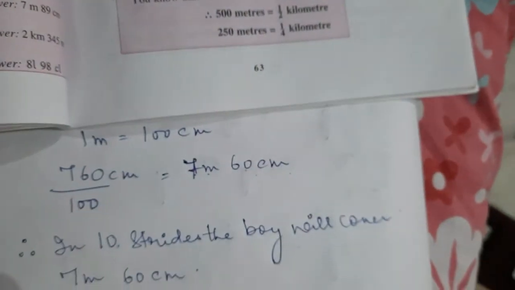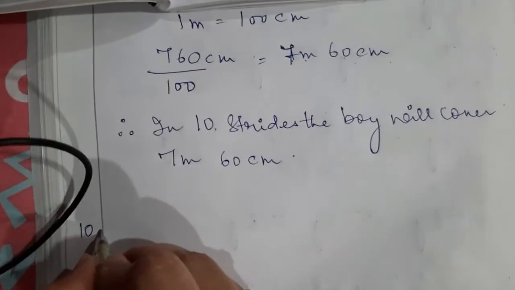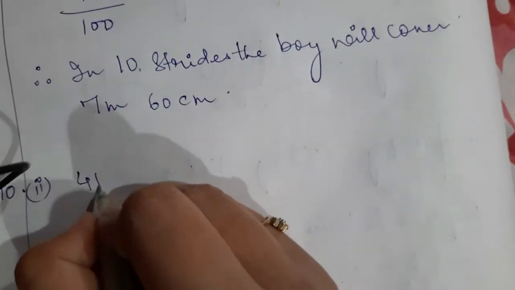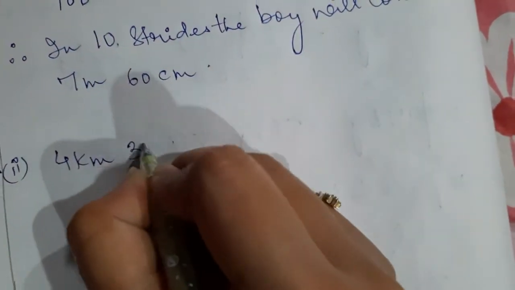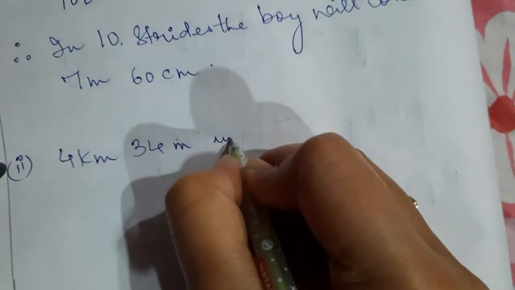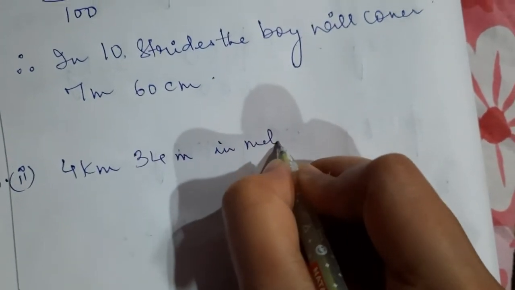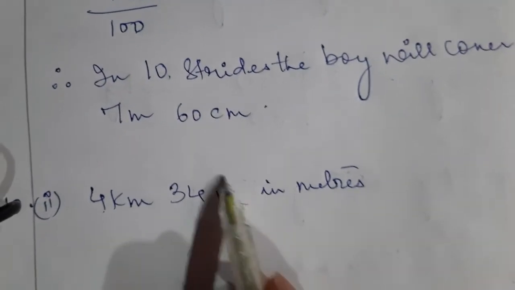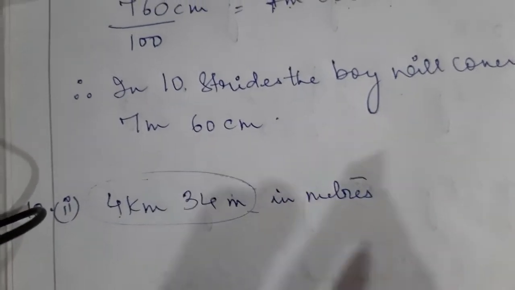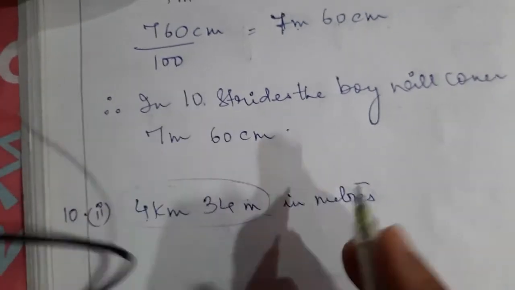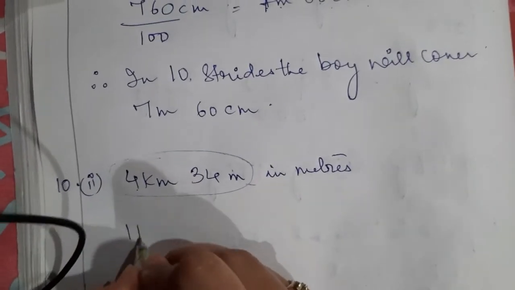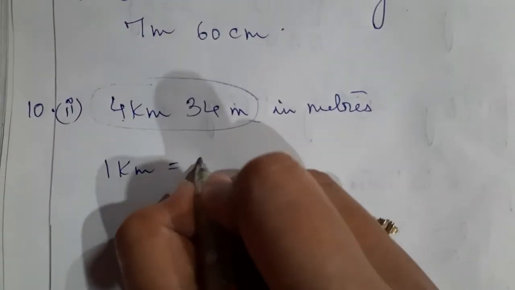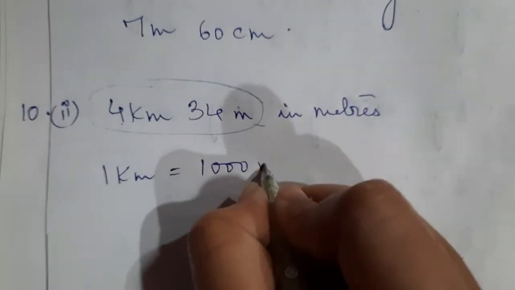What is the question? 4 kilometer 34 meter in meters. So, this is kilometer, this is meter. We have to convert this whole thing into meters. Fine, no problem. First, we are going to write 1 kilometer is equal to 1000 meters.